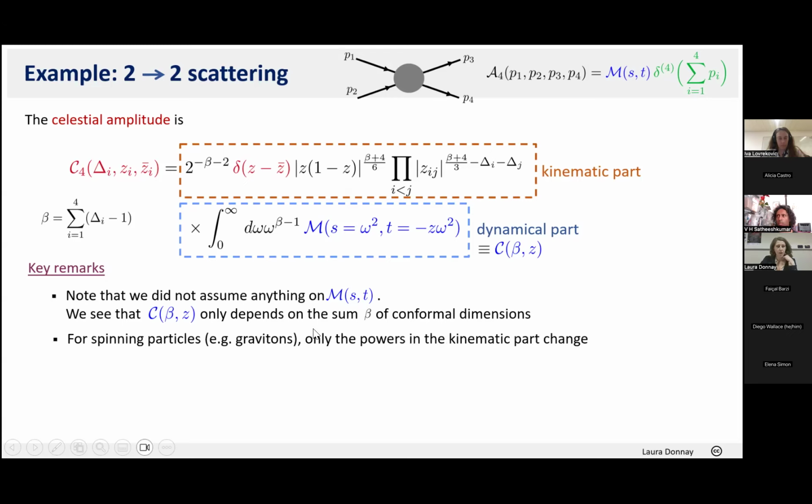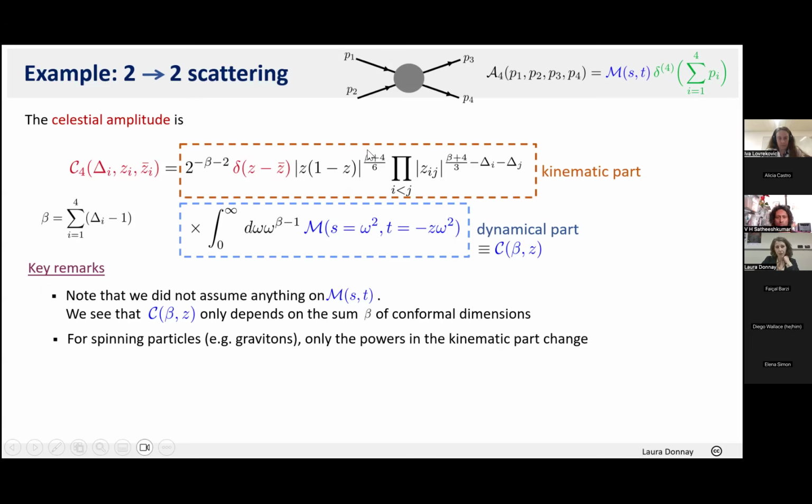A second remark is that I have worked here with scalars, but you might wonder, okay, what happens if I were to look at the 4-point function of gravitons? Since we care about quantum gravity. Well, for gravitons, you will get exactly the same celestial 4-point function.